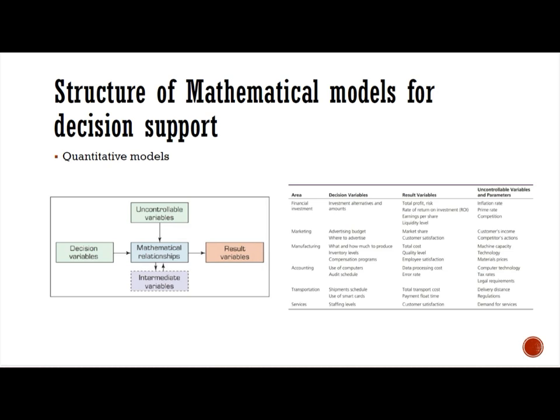The result variable reflects the level of effectiveness of the system. That is to indicate what's going on. Intermediate result variables are sometimes used in the modeling.